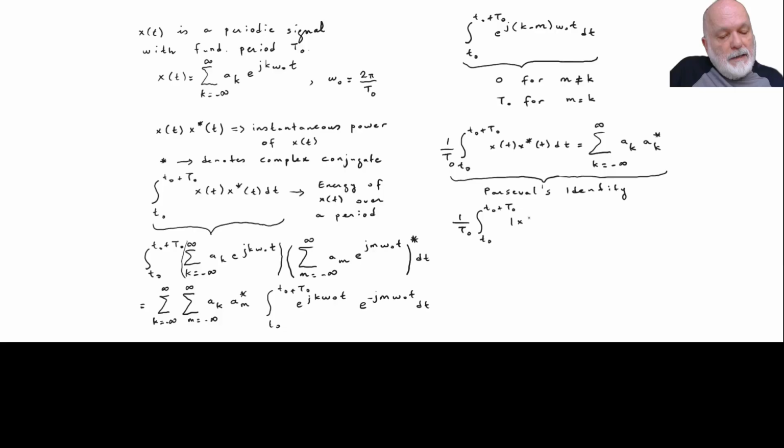We have modulus of x of t squared integrated, and on the right hand side, k from minus infinity to plus infinity, modulus of ak square.